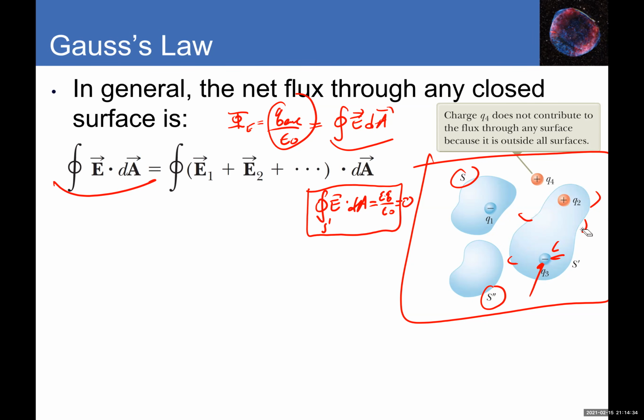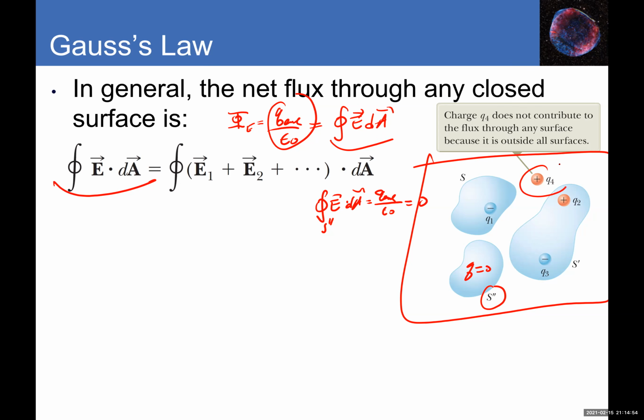All right, so how about the surface S double prime? If I'm looking at Q enclosed over epsilon naught, well, I'm going to get 0 because simply there are no charges inside. And the same thing with Q4.